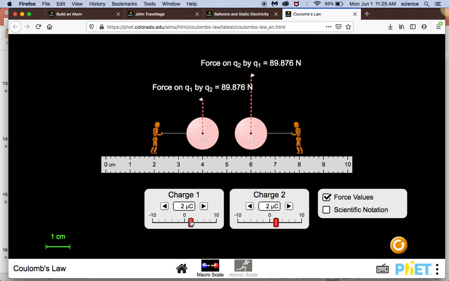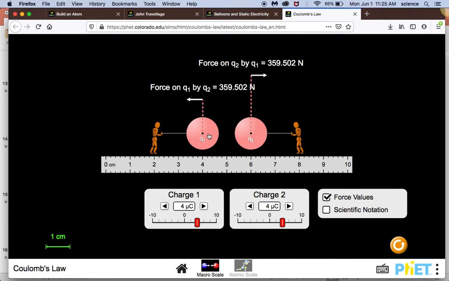If I double the charge on each one, so that now it's 4 units of charge, the force becomes 360. So the force has quadrupled, right? It has increased by a factor of 4.